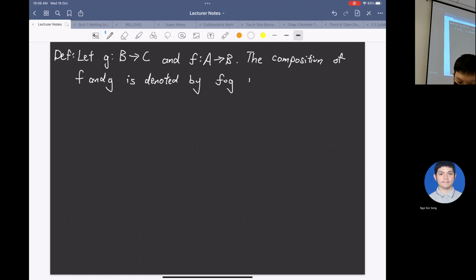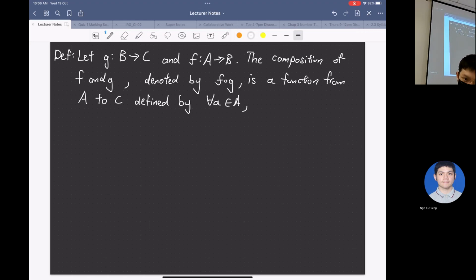There is a function from where to where? From A all the way to C, defined by, for every element in A, we have FG of a equals to, we do G first, and then... okay, wrong way, sorry.